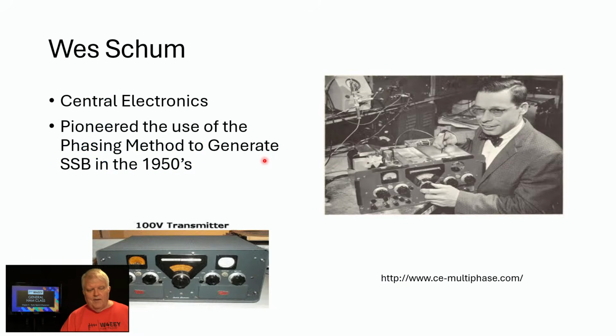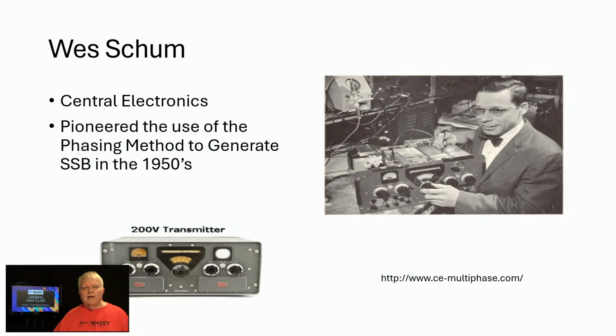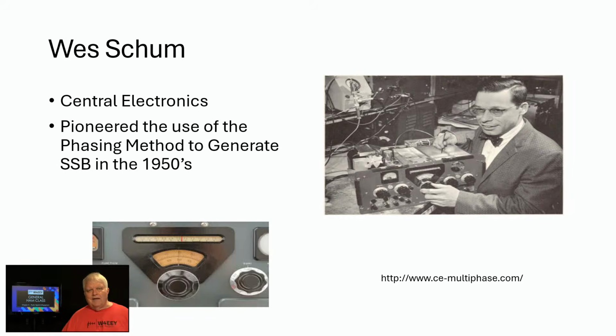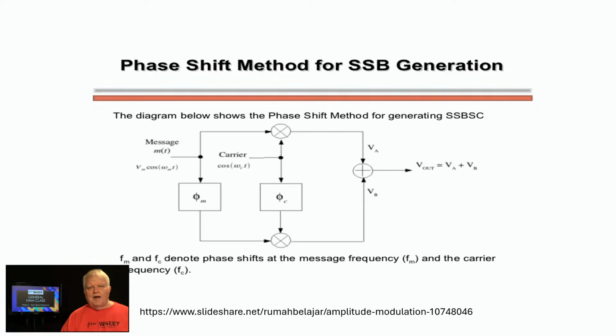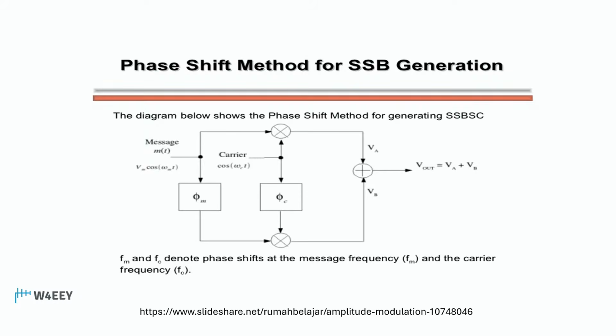So in the Midwest, Central Electronics, a firm that was pioneered by a gentleman named Wes Schum, pioneered the use of phasing to generate single sideband. And we won't go into the methodology. There's a lot of math and whatnot, but you combine signals together such that you're able to eliminate the other sideband.